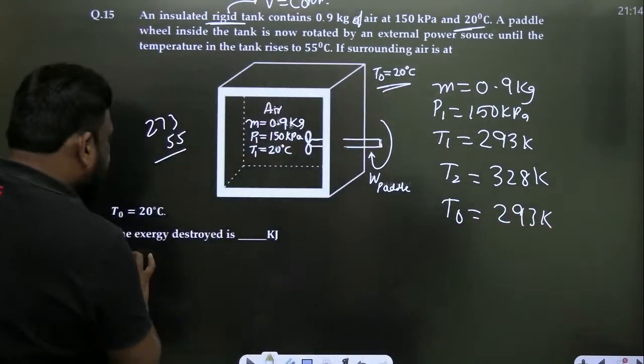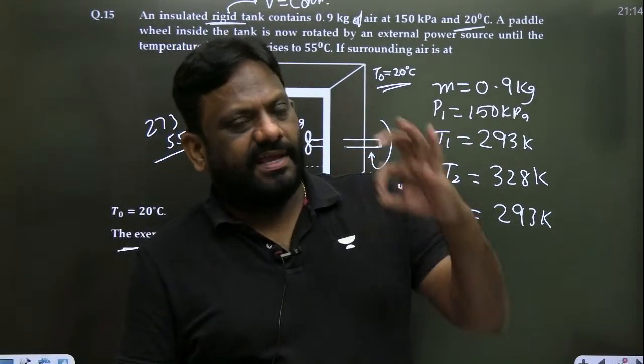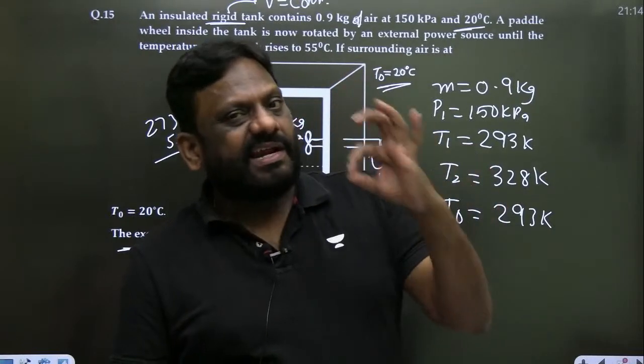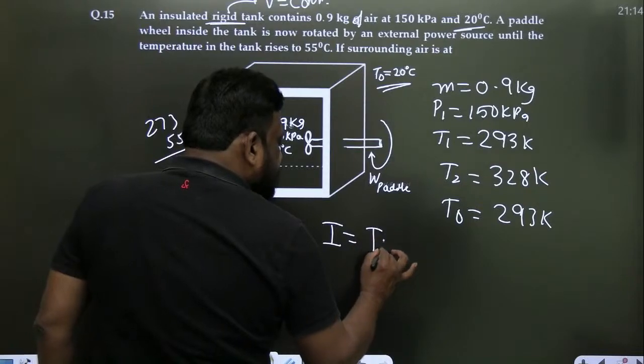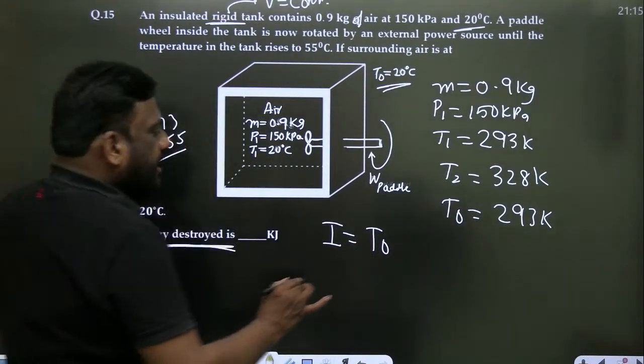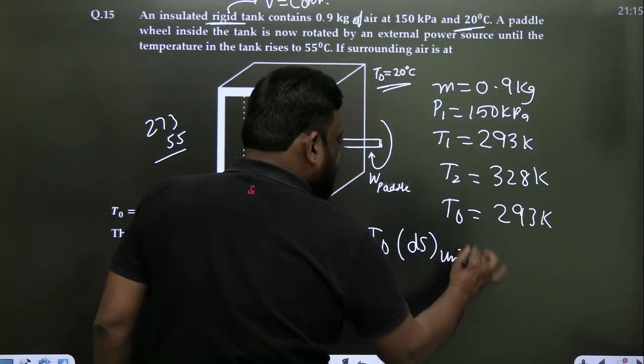What is the exergy destroyed? मतलब क्या पूछ रहे हैं सर? Irreversibility. Exergy destroyed. You know that irreversibility is equal to exergy destroyed is irreversibility T naught into entropy change of universe or entropy generation.